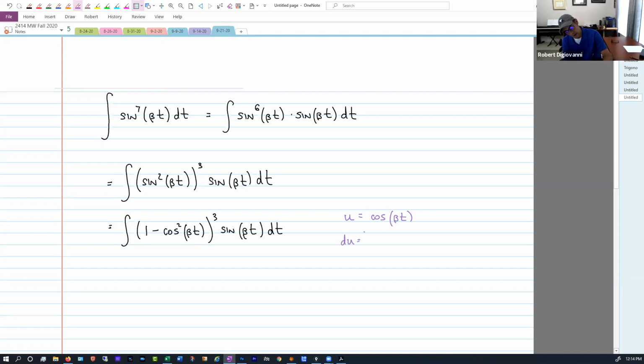And the derivative of that will be negative 1, not negative 1 over beta, negative beta sine of beta t dt. So again, derivative of cosine is negative sine, but then that beta has to come out. And I'm going to scale both sides by 1 over beta to get rid of it.